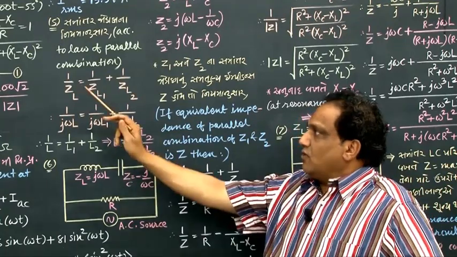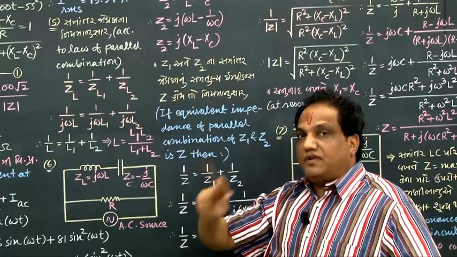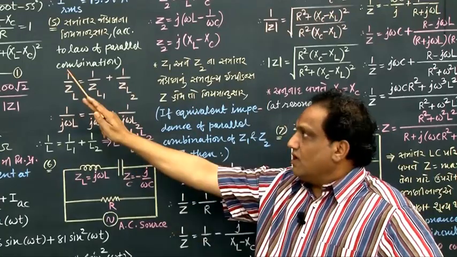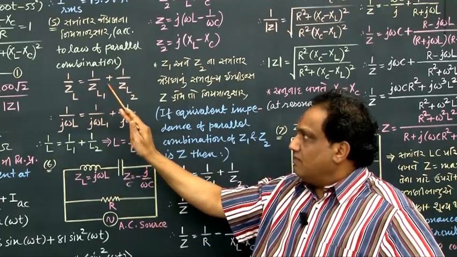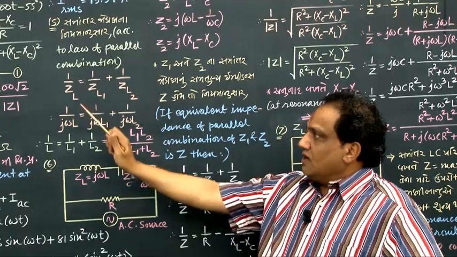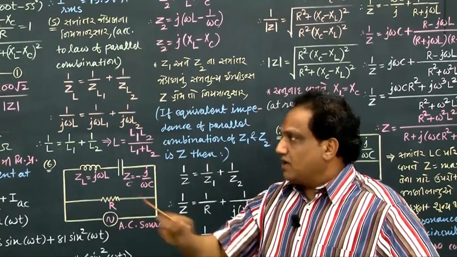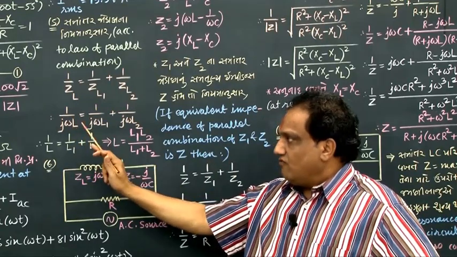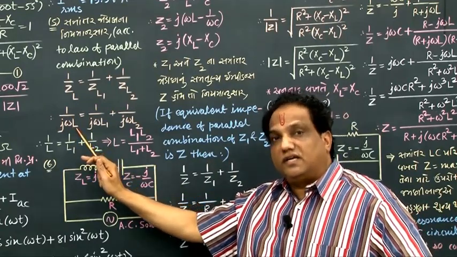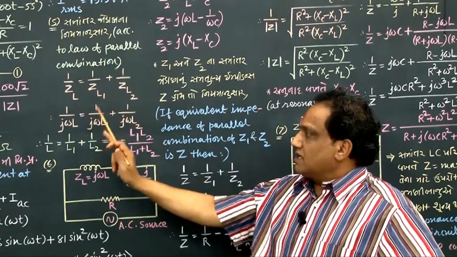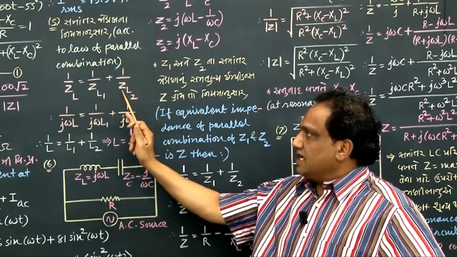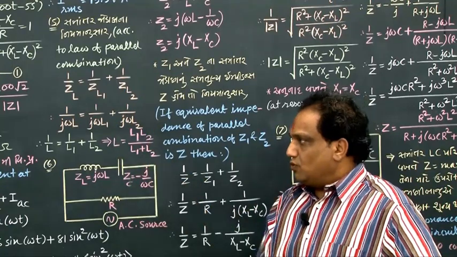ZL is equivalent inductive reactance, that you can write as j omega L, where L is equivalent inductance. ZL1 is j omega L1, ZL2 is j omega L2.